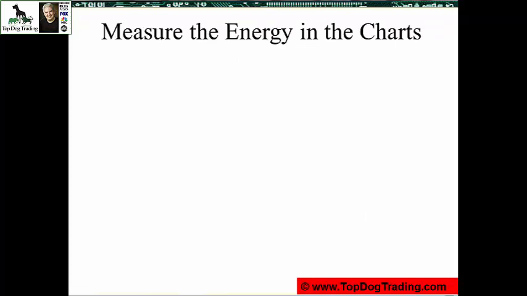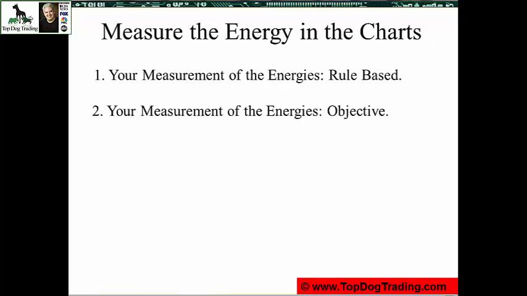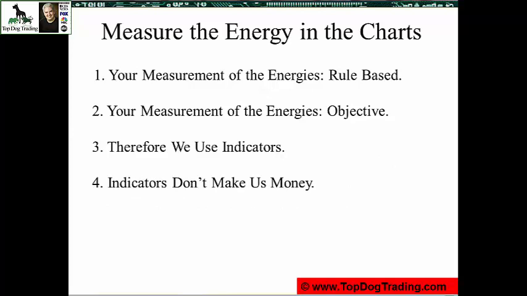Now here's the key. As I measure these, we're going to use indicators, not because indicators are any kind of magic. They're not magical. They're just mathematical. But I use them because being mathematical, they give me objective measurements so that I don't have to be a discretionary trader. And indicators themselves don't make us money, right?